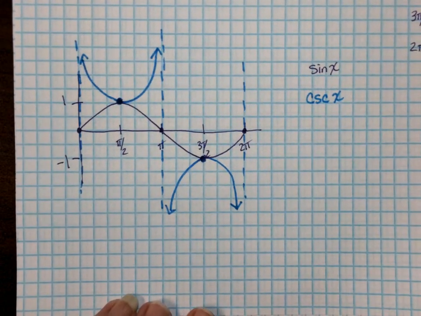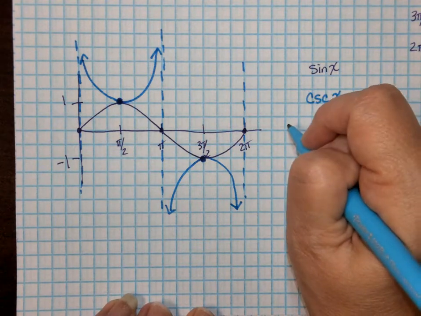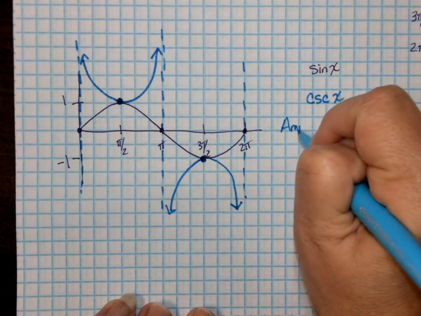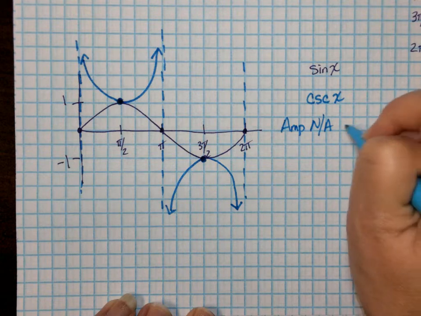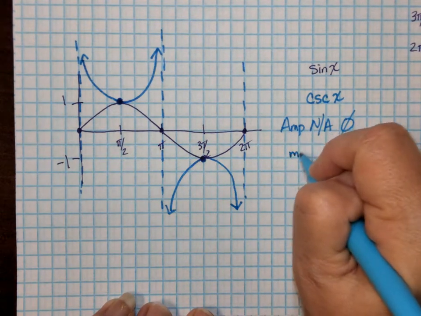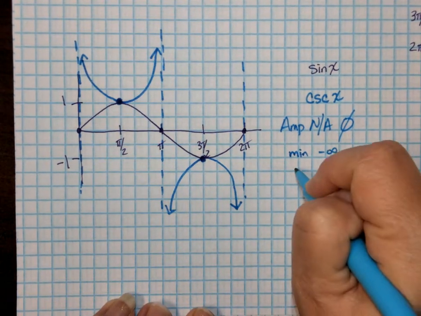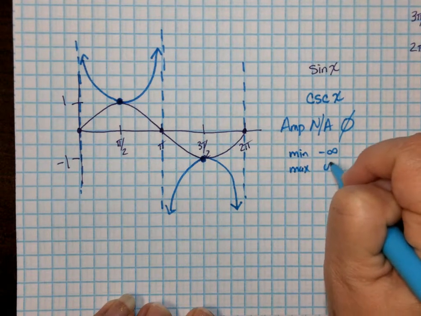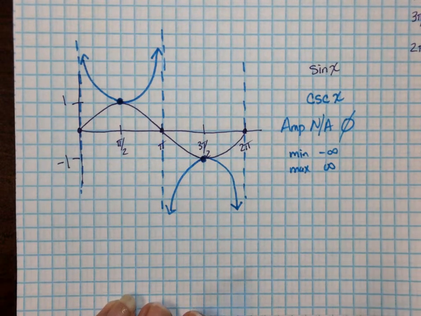Alright, so now let's look at all of our critical attributes. Amplitude, that's not applicable. We don't discuss amplitude when we're looking at cosecant. Minimum, negative infinity. Maximum, infinity. We're not going to talk about where the min and max occur because you can't actually land on negative infinity or infinity.